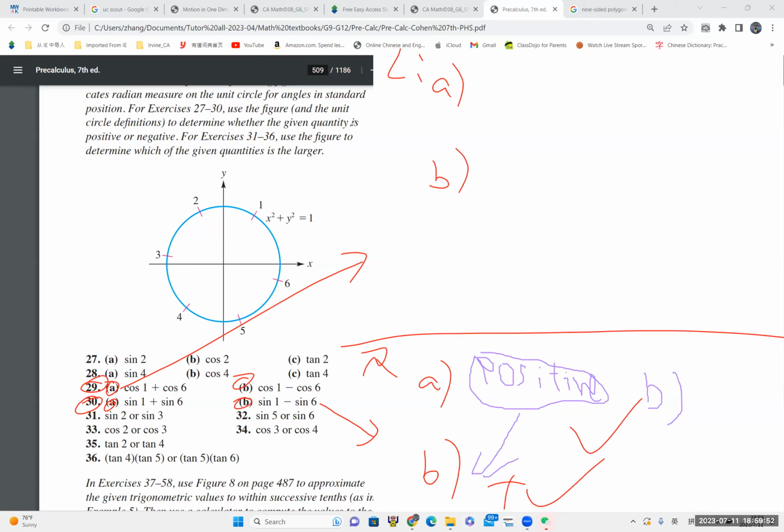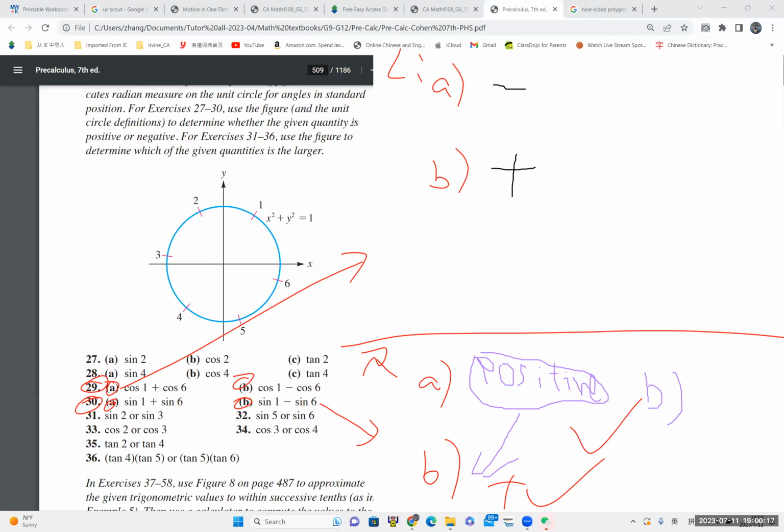So, wait, give me a second. So cosine is which coordinate? X coordinate or Y coordinate?